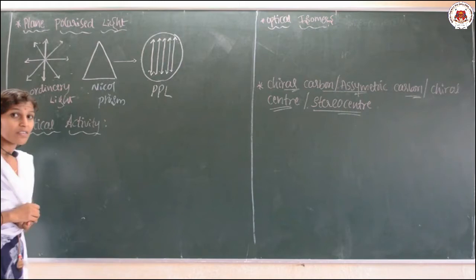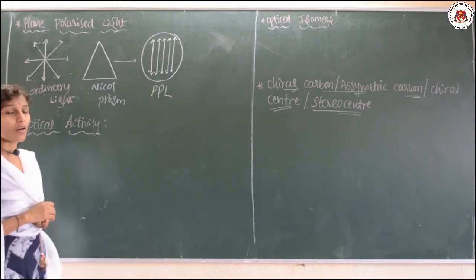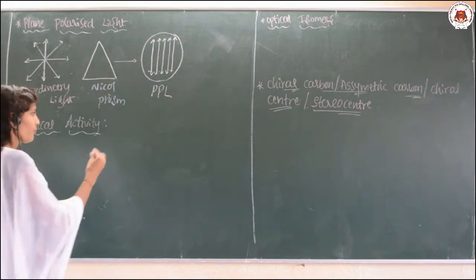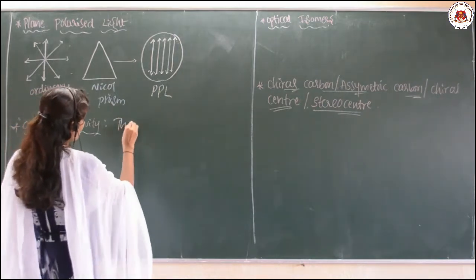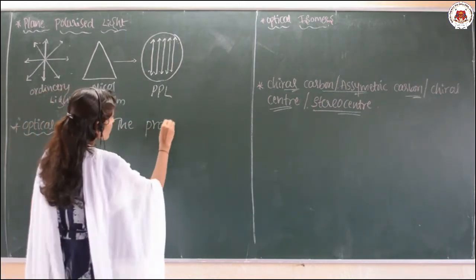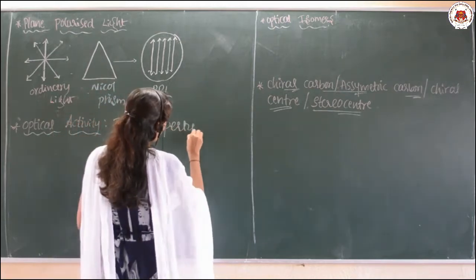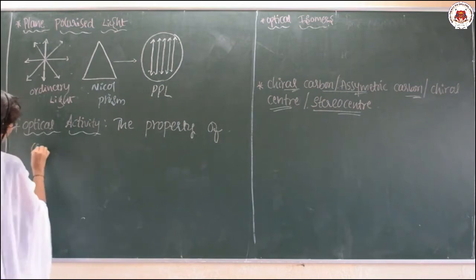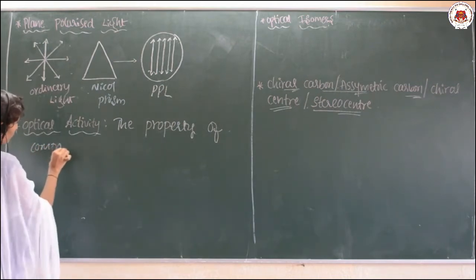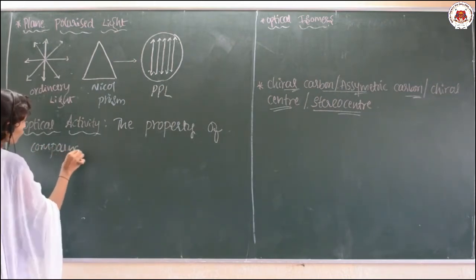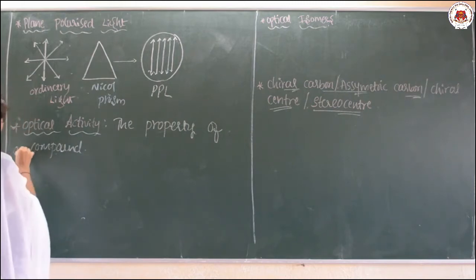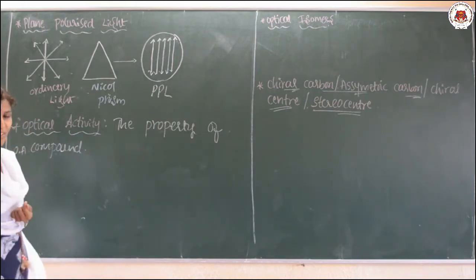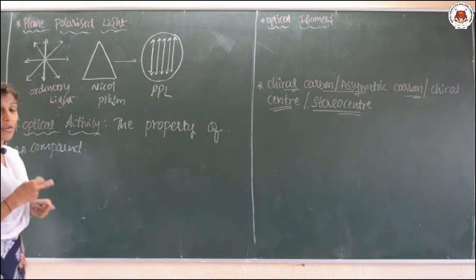Optical activity is nothing but the property of the compound to rotate the plane polarized light. The compound having this property is an optically active compound. An optically active compound must contain a chiral center. What is chirality?